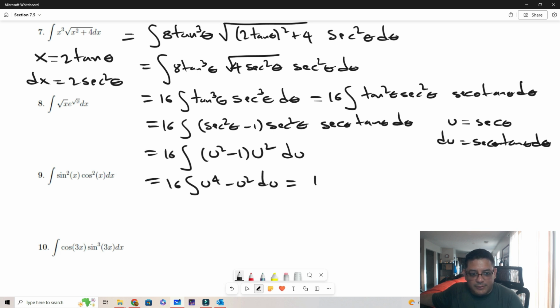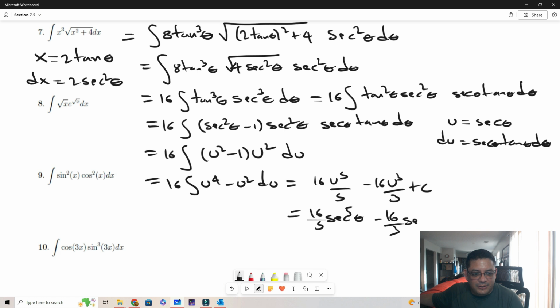And then this is going to be 16 u to the 5 over 5 minus 16 u to the 3 over 3 plus c. And then at this point, I can replace my first substitution, secant of theta. And so this is going to be 16 over 5 secant to the 5 of theta minus 16 over 3 secant to the 3 of theta plus c.